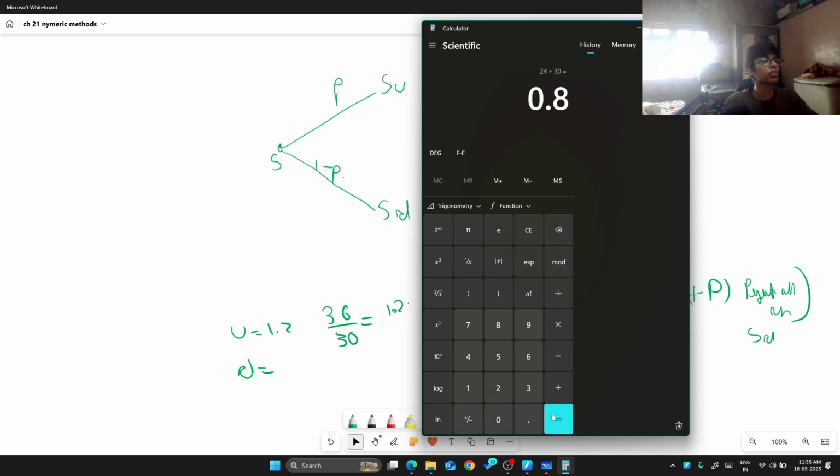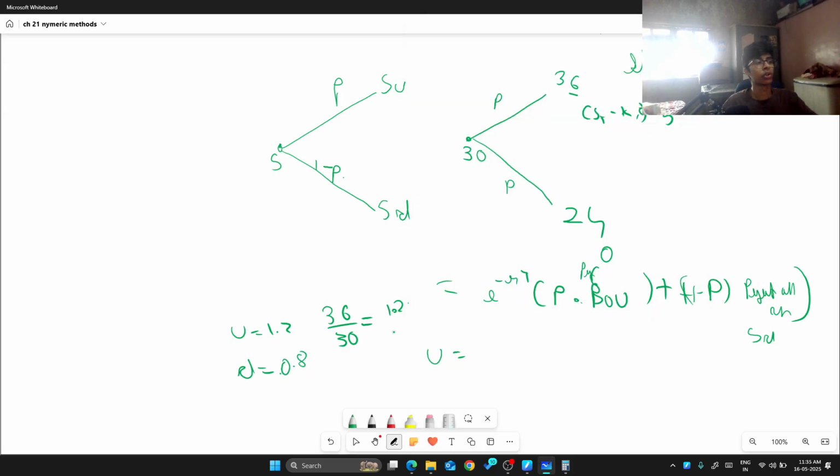Okay, so we have the up movement and down movement. Our discount factor is e to the minus rT.